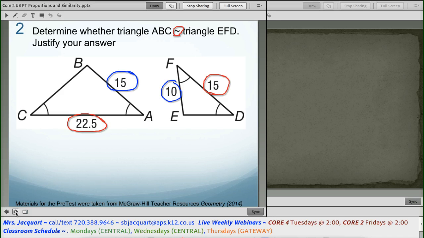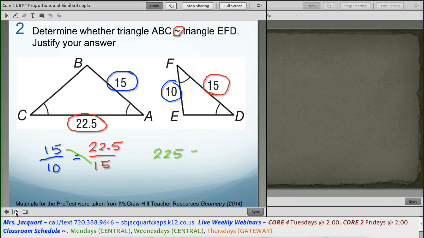I'm going to take from the big triangle first. I'm going to do 15 over 10, and let's see if that equals the red ones. Big side first, 22.5 over 15. And then you cross multiply. So that's 225.